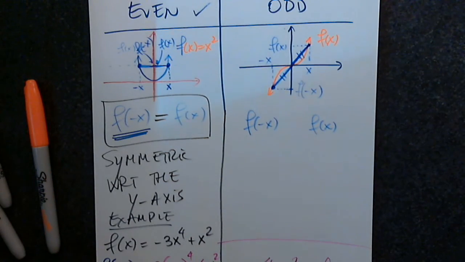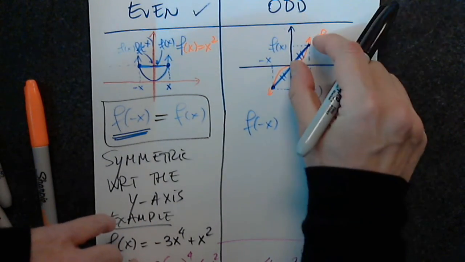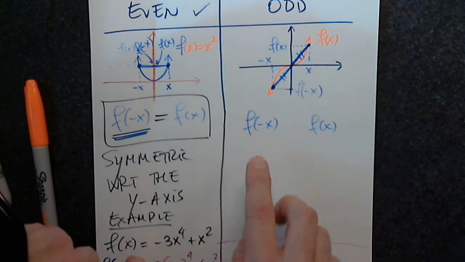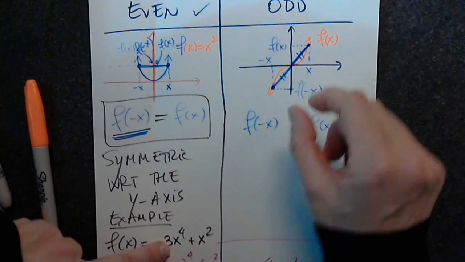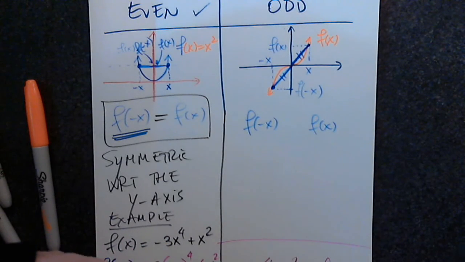What do you think? If this line segment is the same with this line segment, the same distance, what can you say about this distance and this distance? That's what it means, right? This distance is this. This distance is this. But they can't be equal. What do you think?